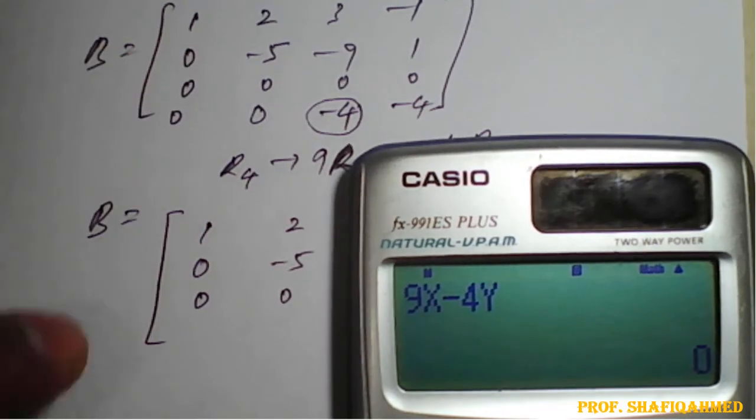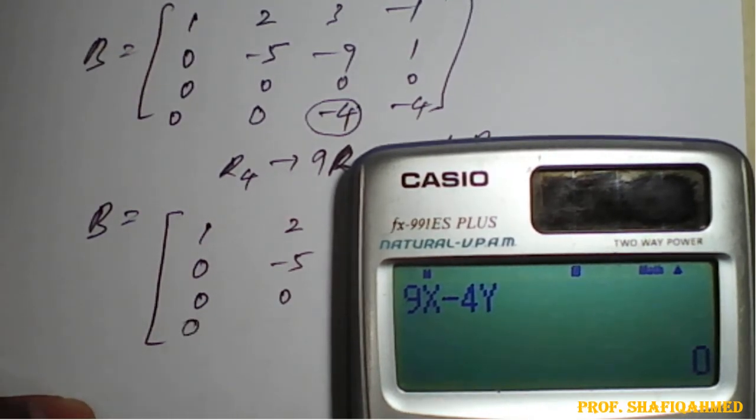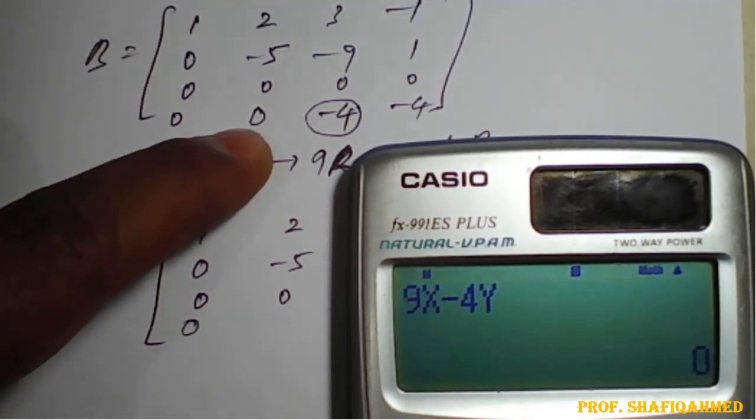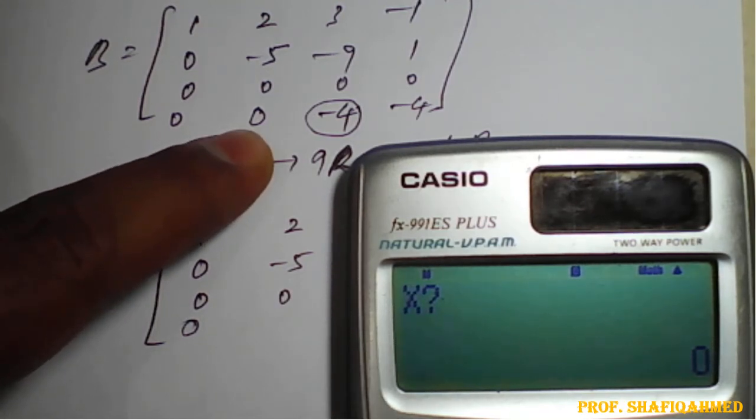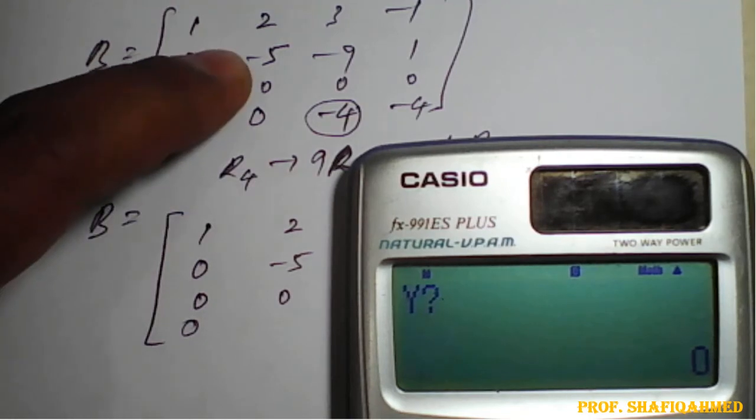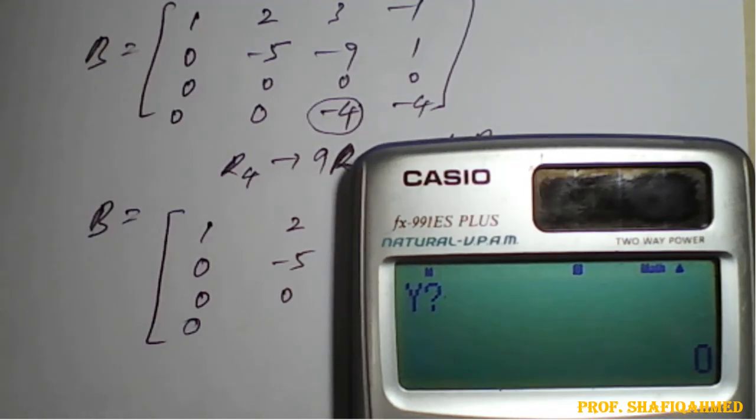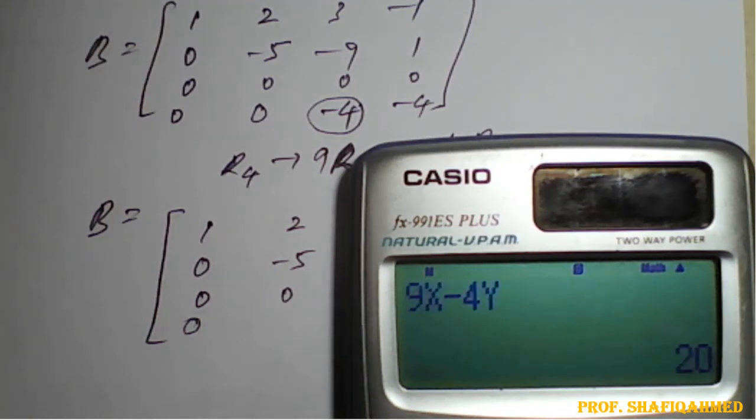So the answer is 0. We write here 0. Next, equal to, it will ask the value of X. X is 0, Y is minus 5, so we get 20.